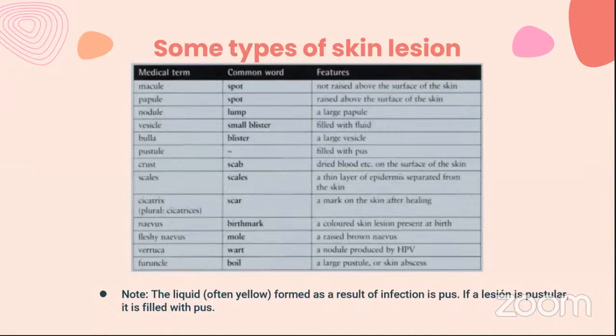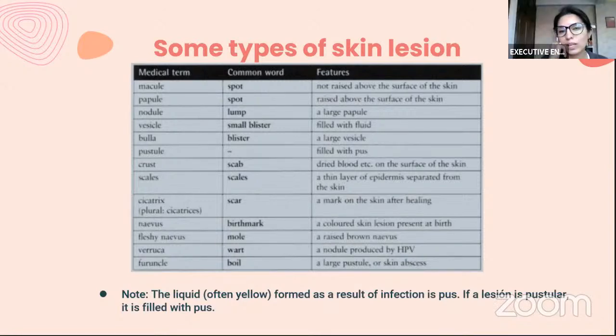Features: not raised above the surface of the skin. Papule. Common word: spot. Features: raised above the surface of the skin. Nodule. Common word: lump. Features: a large papule. Vesicle. Common word: small blister. Features: filled with fluid. And bulla. Common word: blister. A large vesicle.